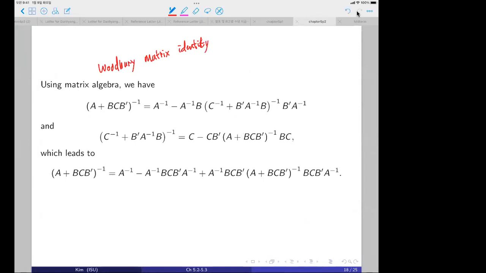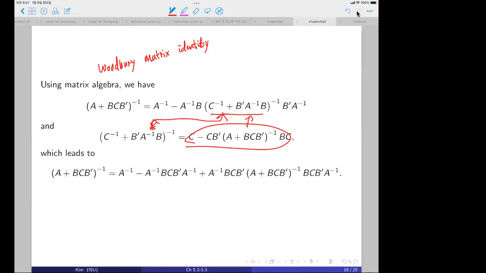So this is basically a matrix algebra formula, and you can apply the same formula again and put it here. So this one can go inside and then simplify. So if you insert this one into here and then apply, then you have this form.